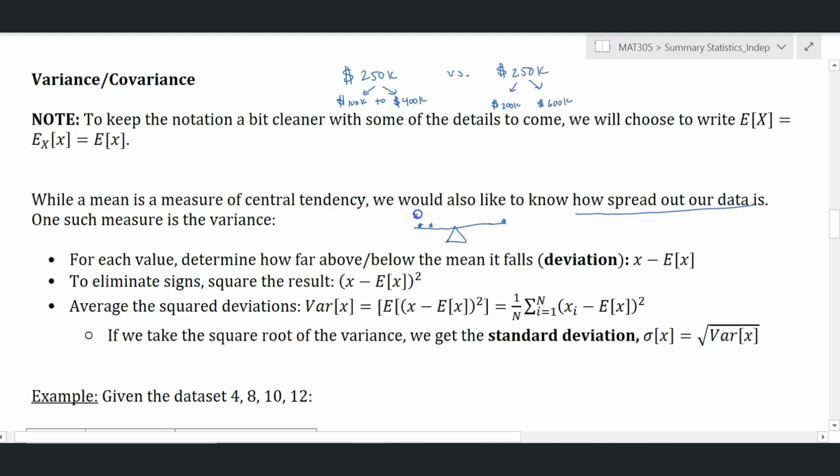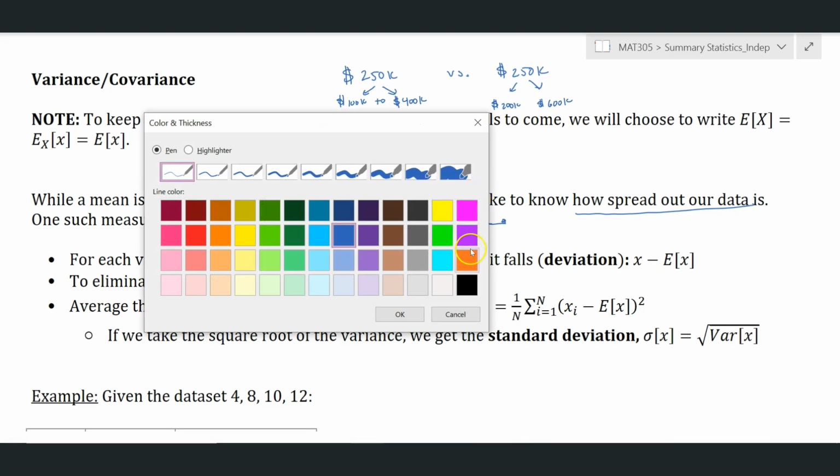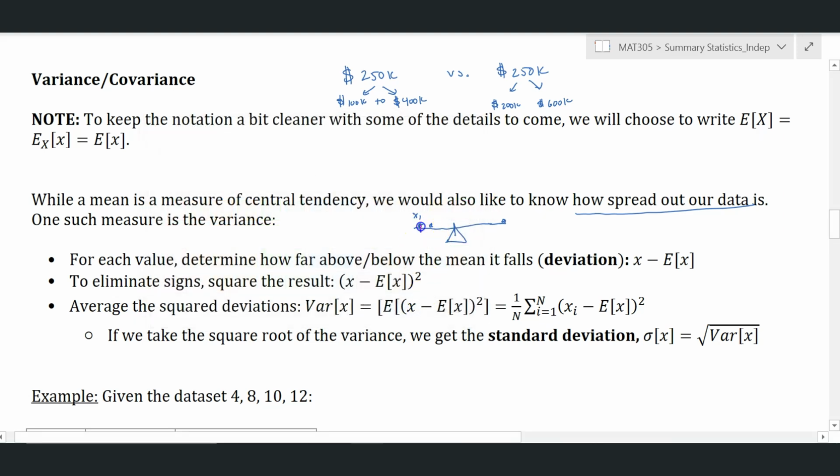So maybe this is what we call x1, and the distance between x1 and its mean is what we call a deviation, right? So here's our expected value of x, and here is one instance of it. So if we compute this distance right here, that distance will be what we call x1 minus the expected value of x.